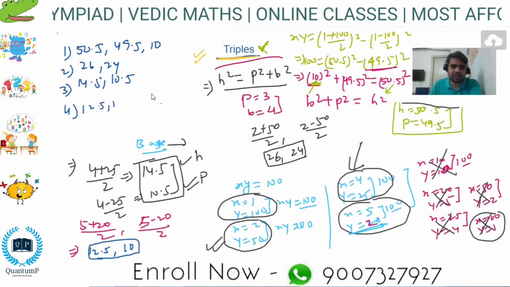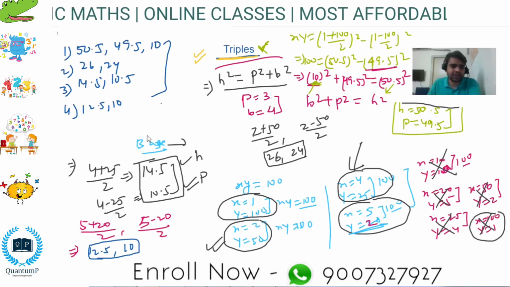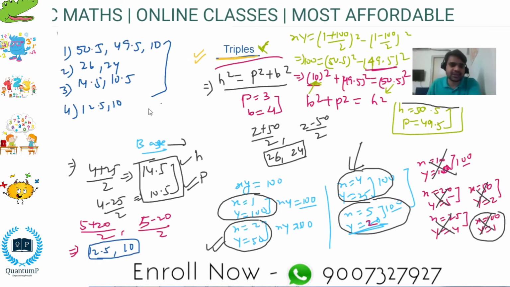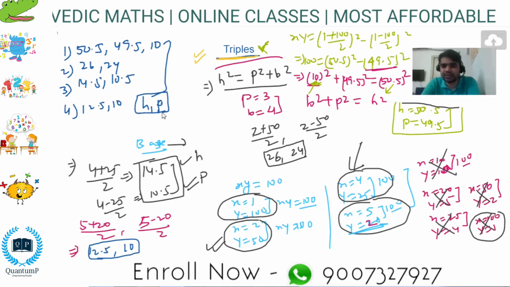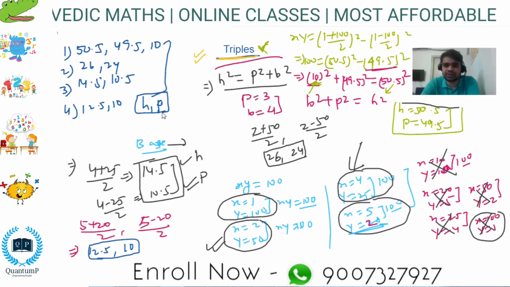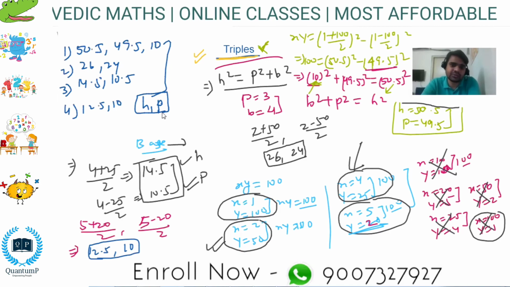You see how many answers are possible, right? So a single base is giving you this many varieties of H and P, right? You see how amazing this triple concept is, right? Please try to take other base values also, and try to implement these triples on the same formula.